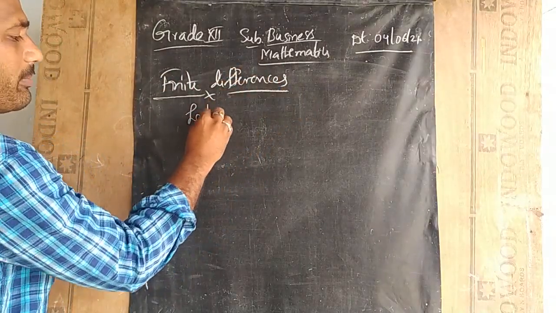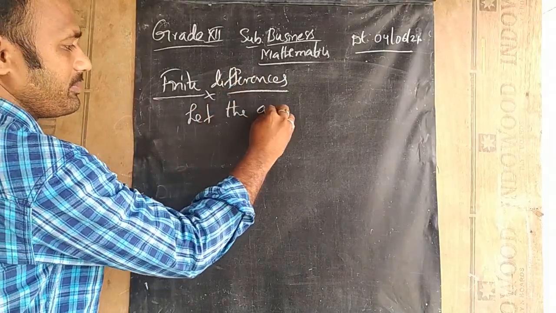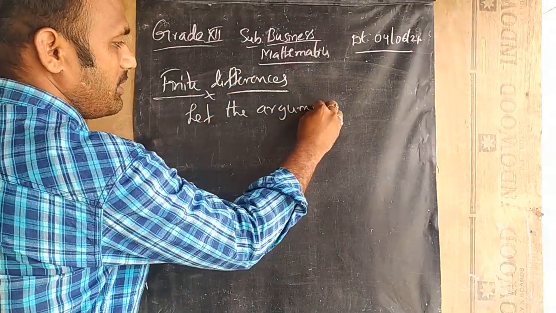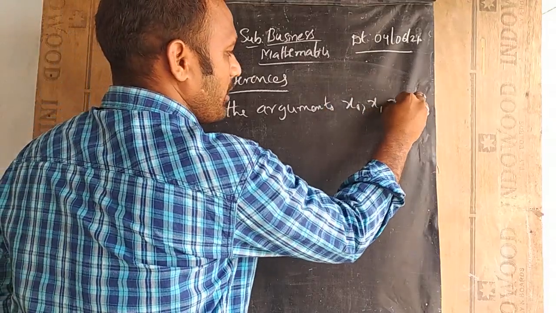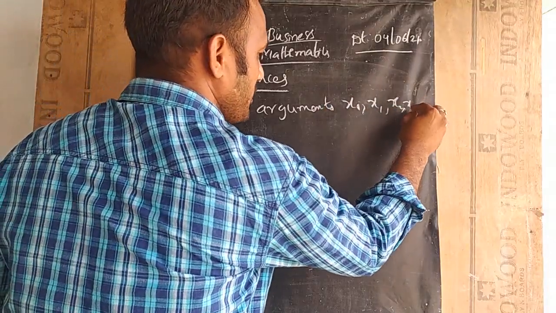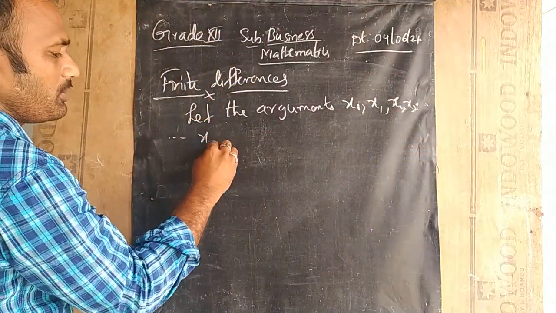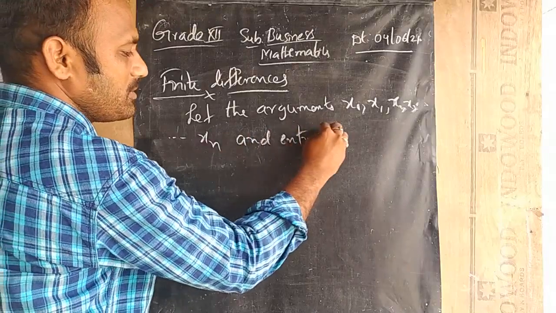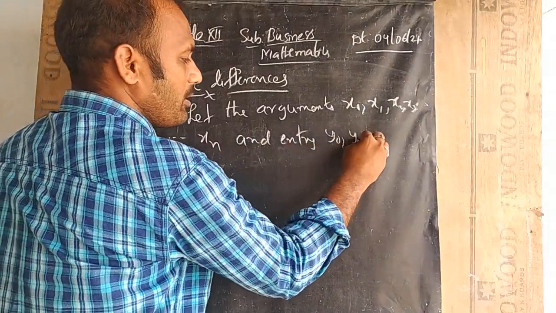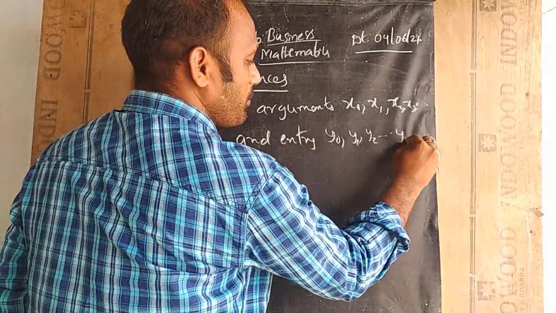Let the arguments be x0, x1, x2, x3, and so on up to xn, and the entries y0, y1, y2, and so on up to yn.